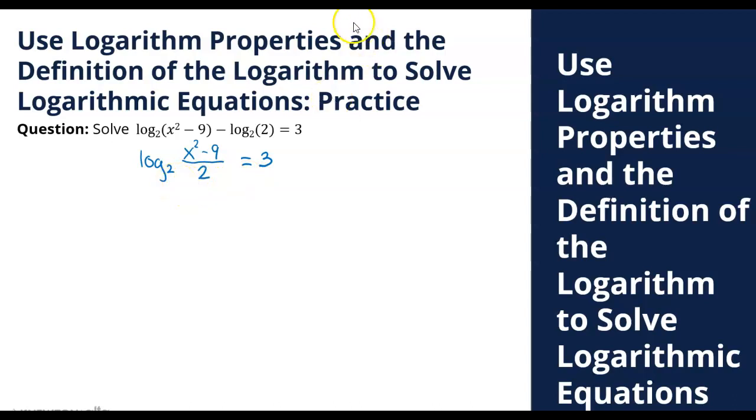To convert this to exponential form, let us identify the base. The base is 2 here, the exponent is 3, and the expression on the right-hand side is x squared minus 9 all over 2. So this is equal to 2 cubed equals x squared minus 9 over 2.